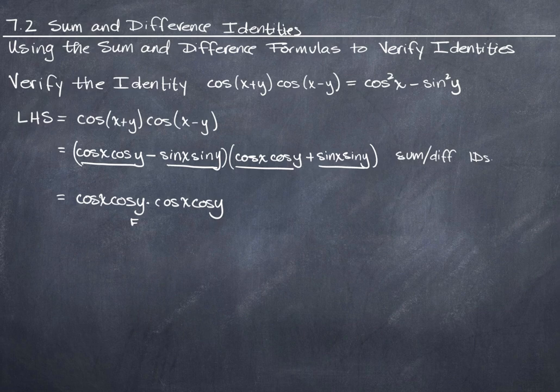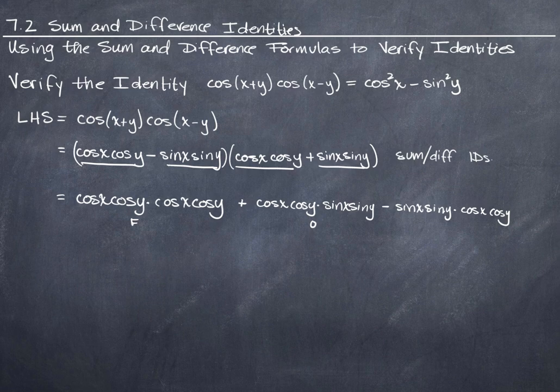Okay, my outside is going to be, they're both positive, so I'm going to have plus cosine x cosine y times sine x sine y, and that's my outside. And then for my inside, I have a negative times a positive, so I'm going to have a minus sine x sine y times cosine x cosine y.